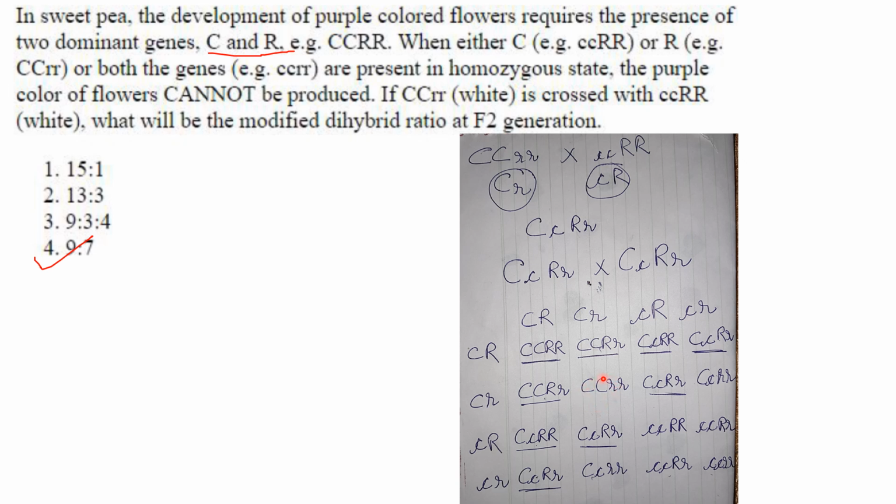Those where only one of the dominant genes is present, not both, all will be white, they will not be purple. That is the case of complementary gene interaction, and the ratio that you get is 9:7.